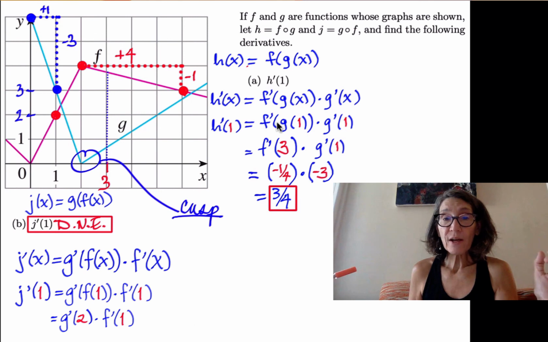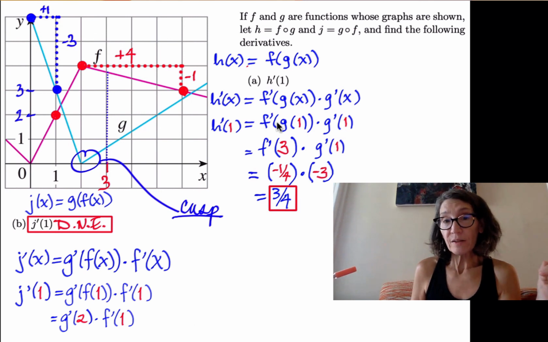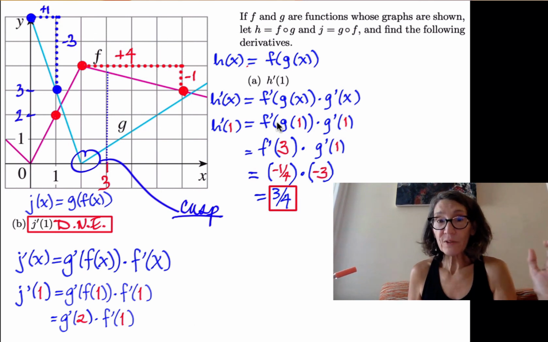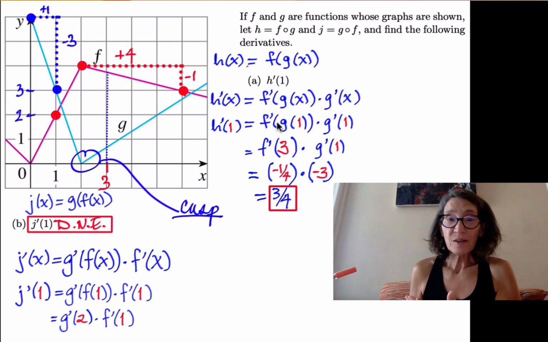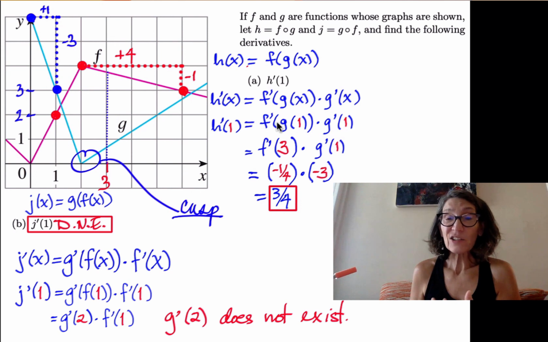If you were to find the limit, the left-hand limit would be the derivative of the line segment on the left, the right-hand limit would be the derivative of the line segment on the right, and we can tell by looking at them, they don't have the same slope. So G prime of 2 doesn't even exist. Since G prime of 2 doesn't exist, that means J prime of 1 doesn't exist, so I'm not even going to look for F prime of 1.